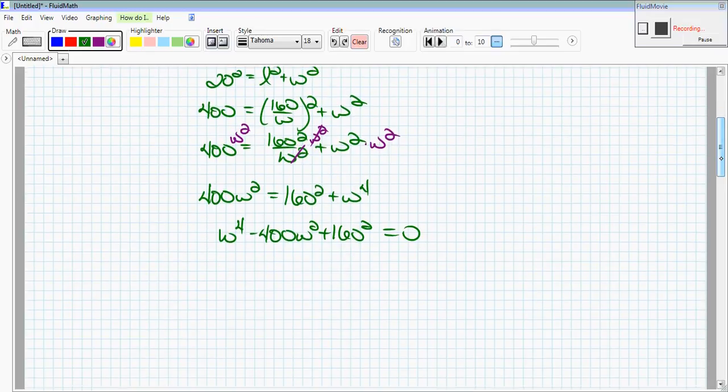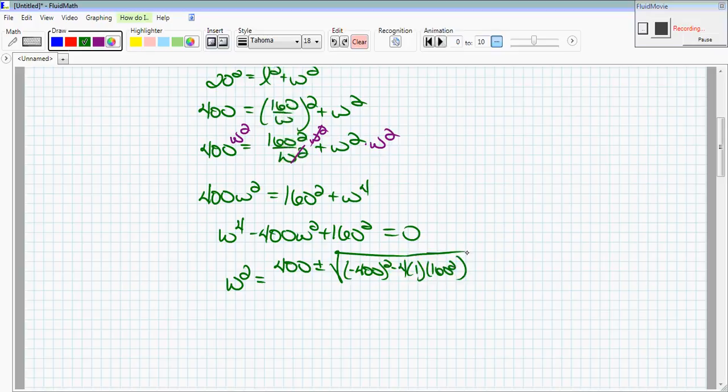So from here I'll plug into the quadratic formula. Just remember, when you plug into the quadratic formula, it's going to be W squared equals negative B plus or minus the square root of B squared minus 4AC all over 2A. So negative B, 400, plus or minus the square root of B squared minus 4AC. Make sure you square that, all over 2A.